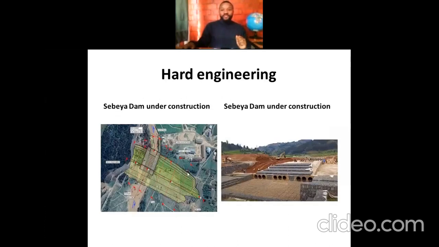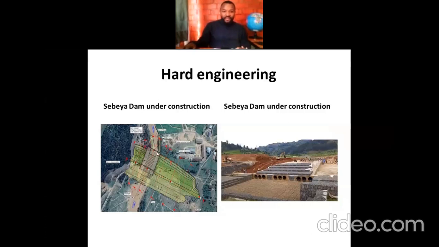So this is the progress of its construction so far. There, you can see the river is flowing from here towards there, but the dam is being constructed in this zone so that the green area here will act as a storage or retention area.